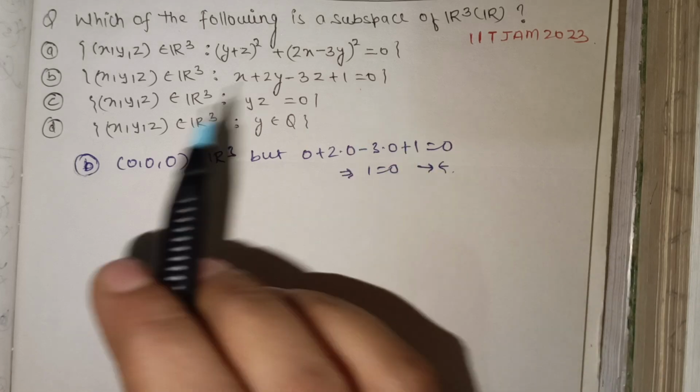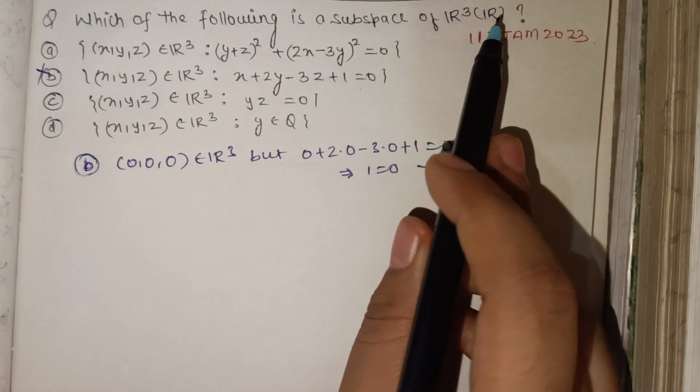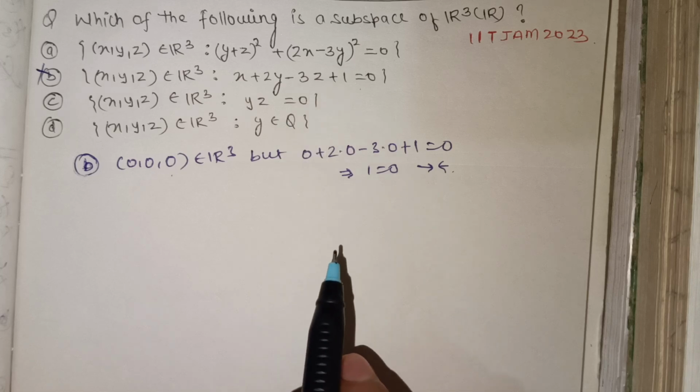This is a contradiction, so this option is false. This is not a subspace of vector space R3 over R because (0, 0, 0) does not belong to this set.